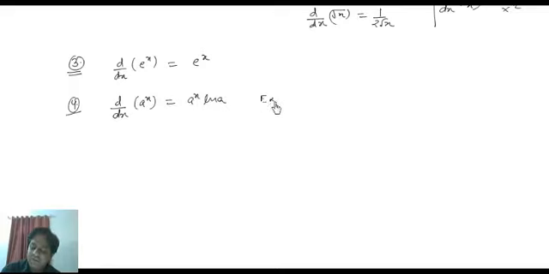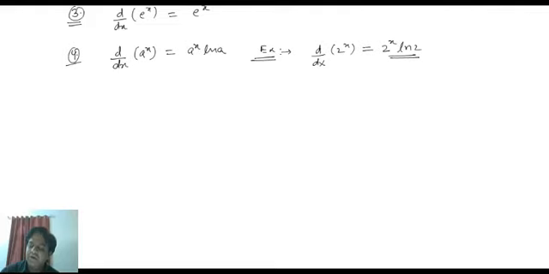For example, you might not be very friendly with log kind of things. So if somebody asks you to differentiate 2 to the power x, then you will do it like this: 2 to the power x ln 2. So this is the differentiation of 2 to the power x.